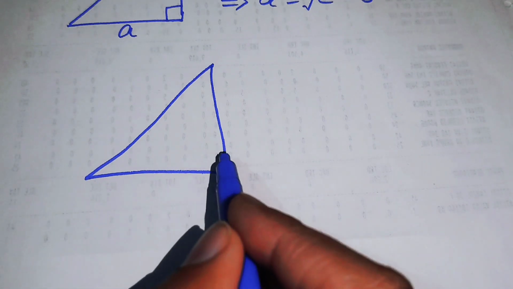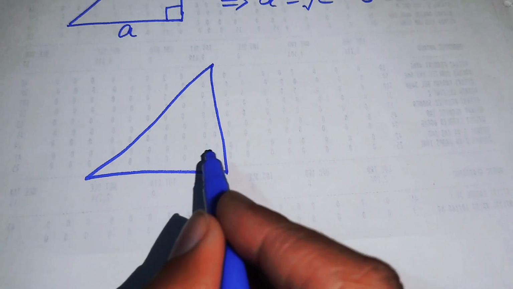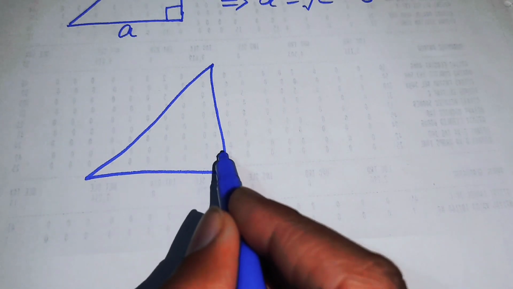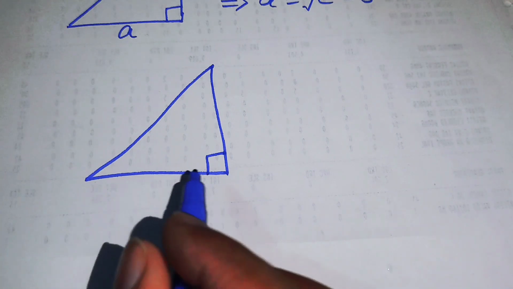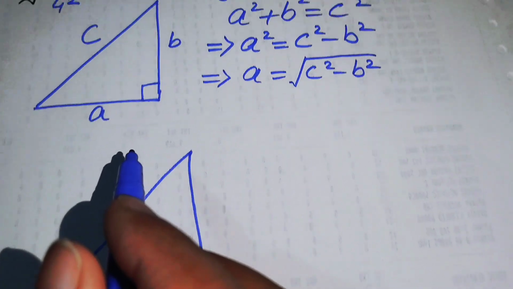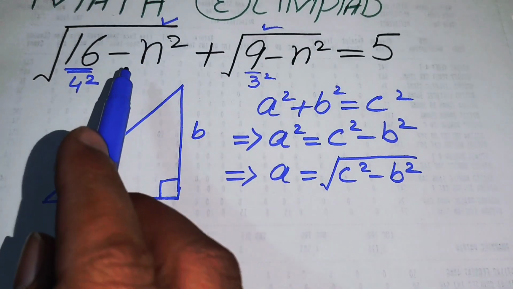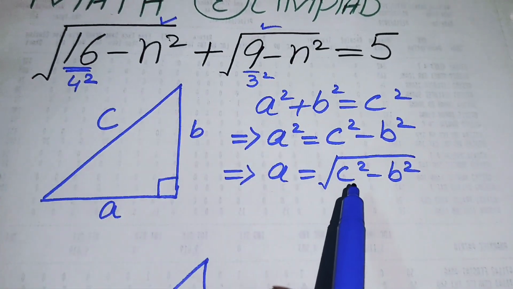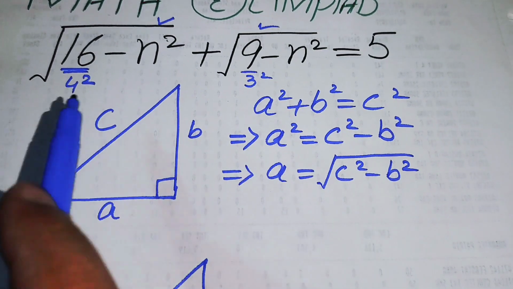Now first, if I write the above term, we draw a right triangle here, and this is our right triangle. We draw our concepts here, and this is our right angle, and we compare our value of a in the Pythagoras with the first radical sign.